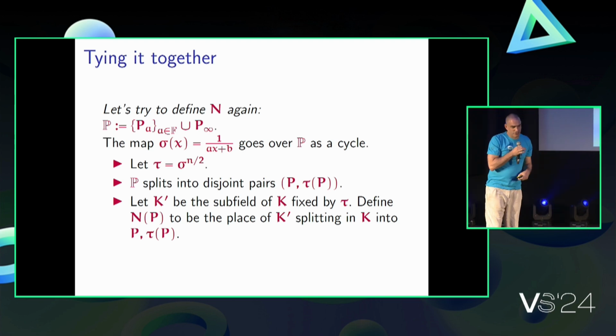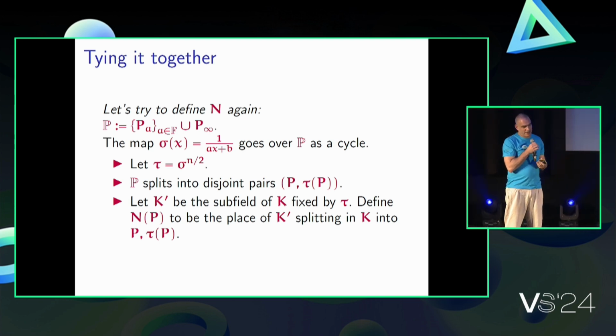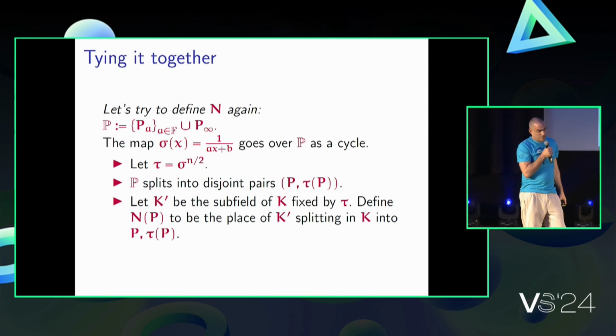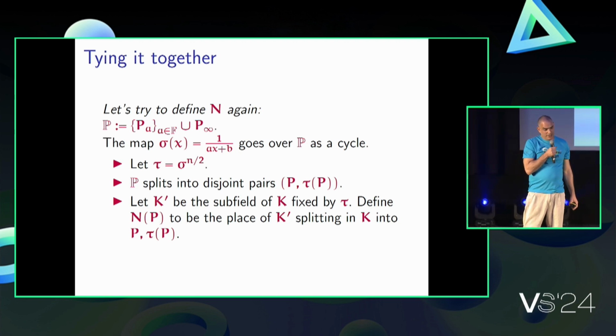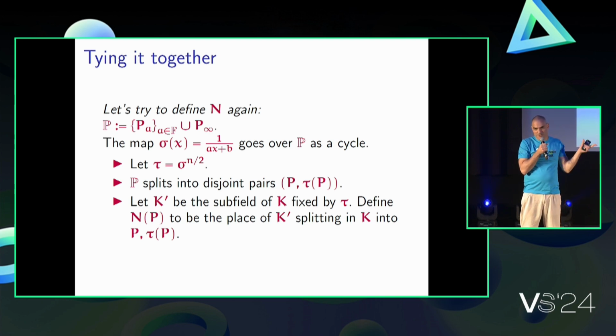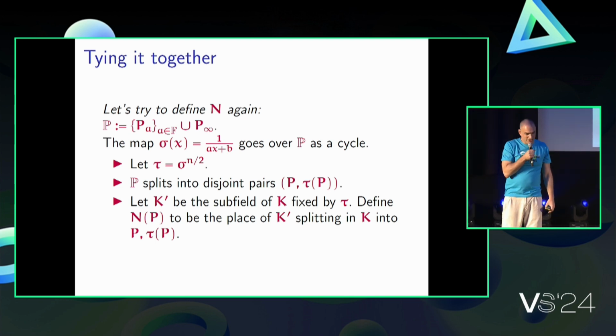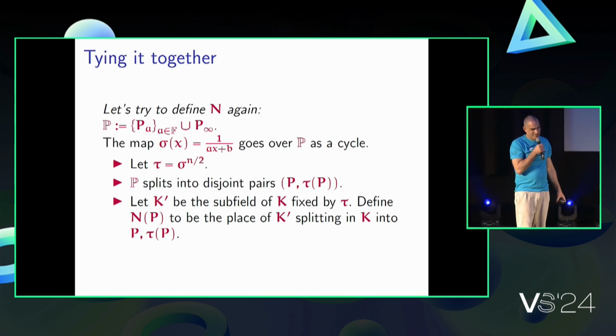And now we come to the punchline. So how do we define a 2-to-1 map? Let K prime be the subfield of K of elements fixed by tau. For whatever tau, it's not going to be this field F of x squared. It's going to be some maybe other slightly more complicated field.